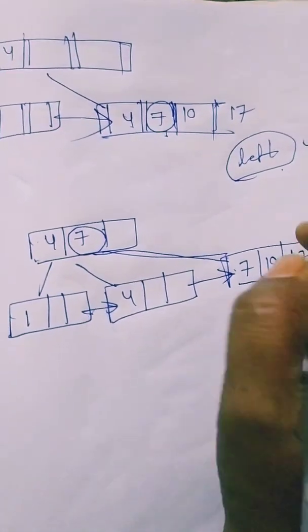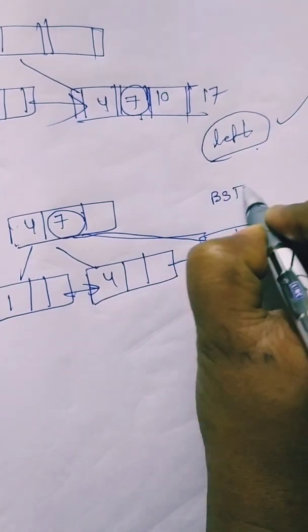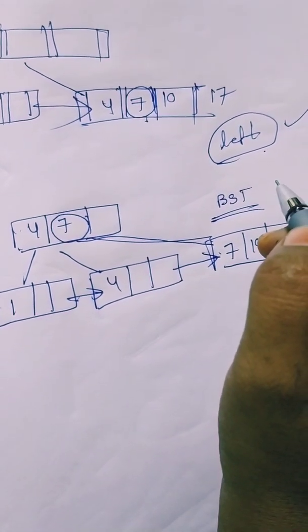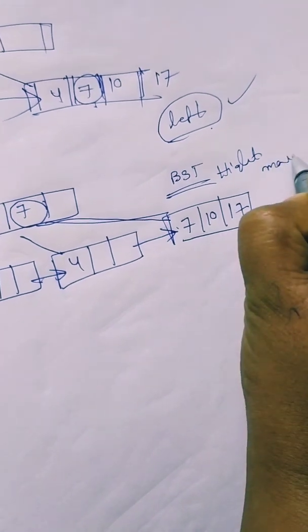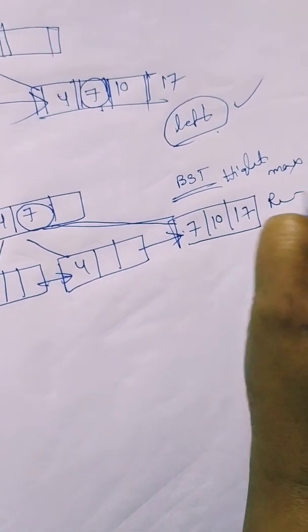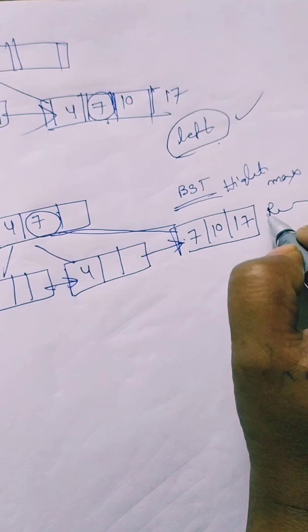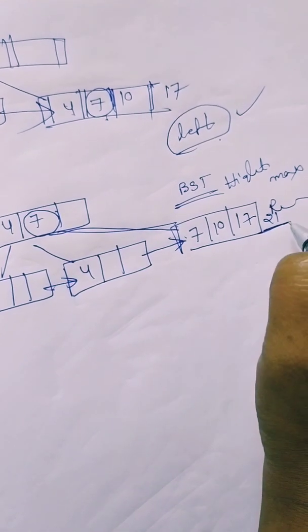Why? Because always for the BST property, the highest or maximum values are always present on the right side, so we directly go here, and 21 has to be inserted here.